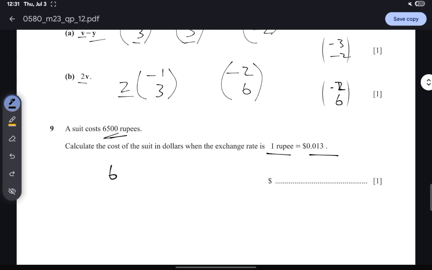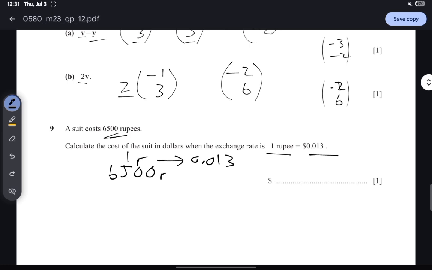So we're saying 6,500 right here. So it's 1 rupee for 0.013.